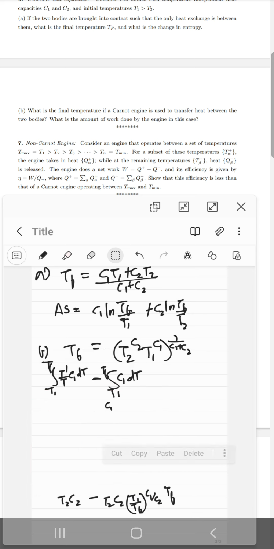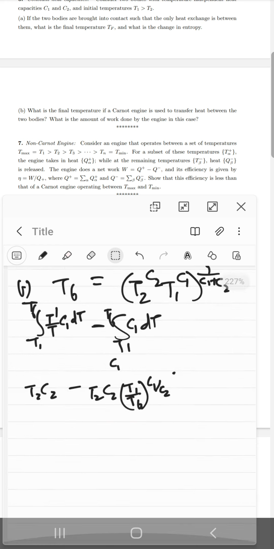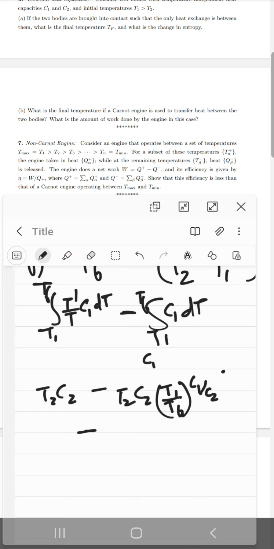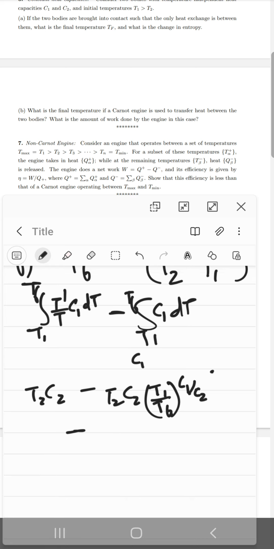What about the other integral? So just have this quantity minus this, which is just t, so just c1 tf plus c1 t1, sort of. Yeah, I guess that's right. That's certainly right.